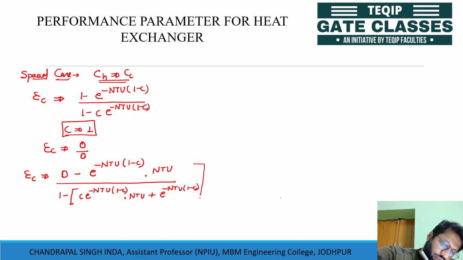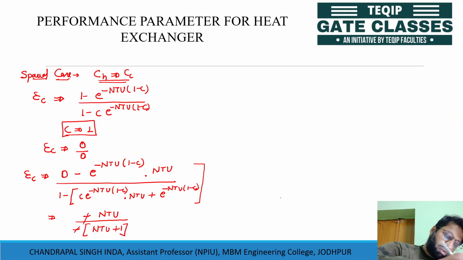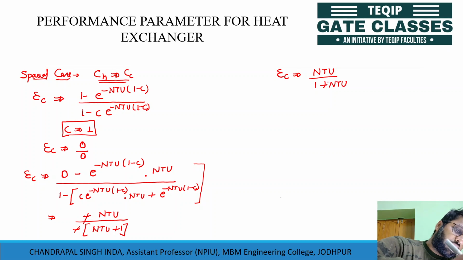So when the value of C is equal to 1, then we will have minus NTU divided by minus NTU plus 1. So minus and minus cancel out, and in that case the effectiveness of the counterflow heat exchanger will be equal to NTU divided by 1 plus NTU.